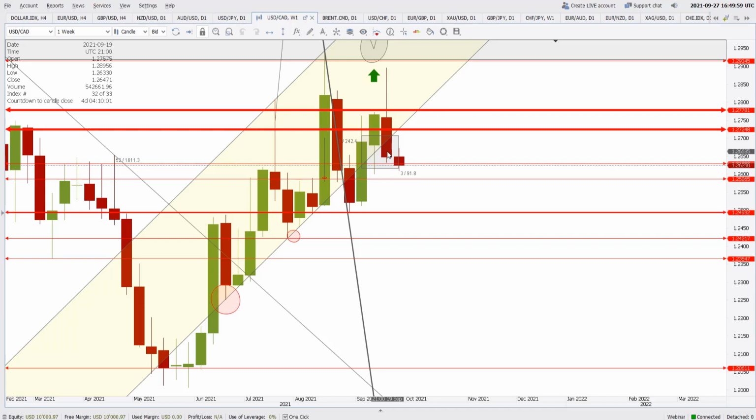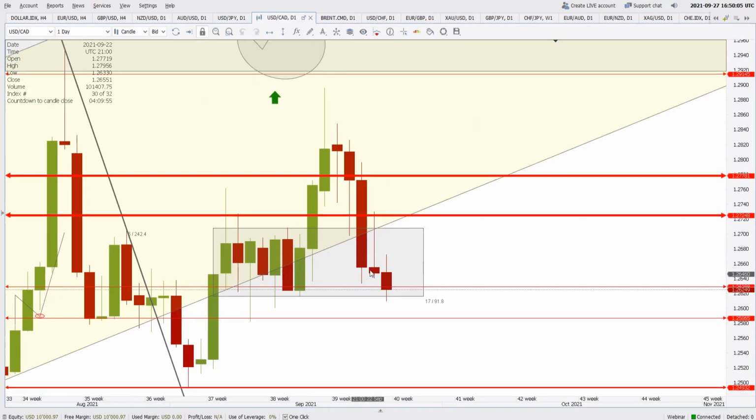The low of the last week was at around 1.2633 area, and if you see the daily chart, 1.2633 was here, and the price today was able to break below this.